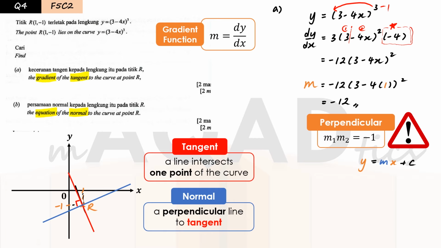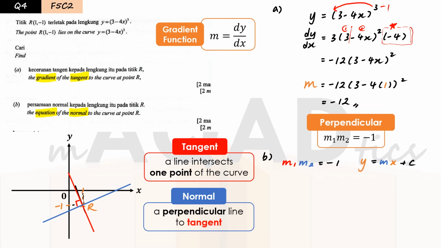We already know the gradient of one of the lines, which is the gradient of the tangent, which is also the answer that we have got in part A. So we can use this formula and substitute the value inside here. Once we substitute, we can find out the gradient of the other line, which is the normal.